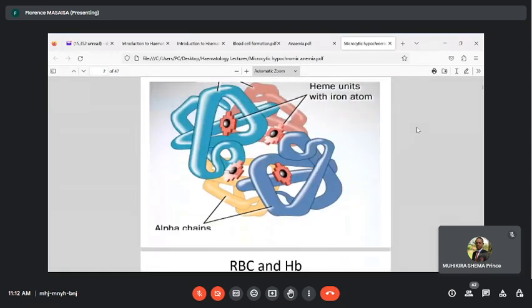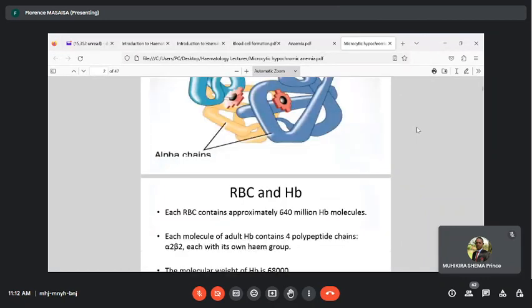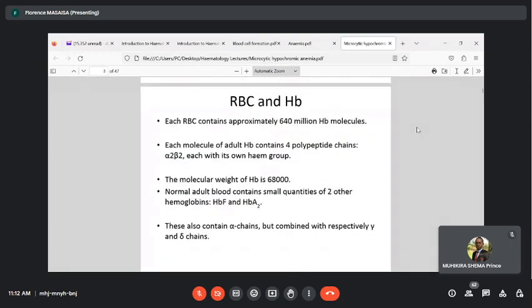So remember the hemoglobin chains: you have alpha and beta chains, and we have an iron atom on each hemoglobin chain. Each red blood cell contains 640 million hemoglobin molecules. Adult hemoglobin contains 2 alpha and 2 beta chains, and the molecular weight of hemoglobin is 68,000.